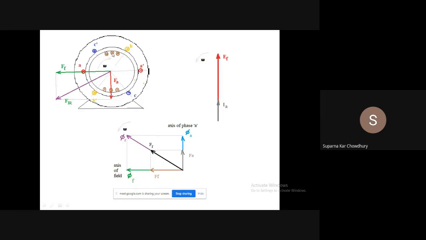Now, depending on the field position, say the field is along this direction for this particular figure. What is the position of the armature reaction MMF? That is the MMF created by this armature coil.